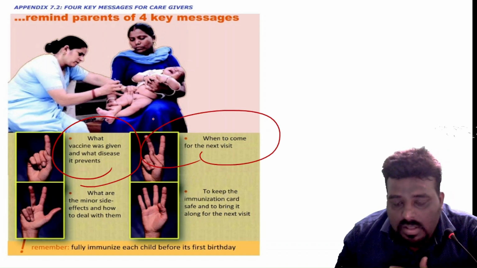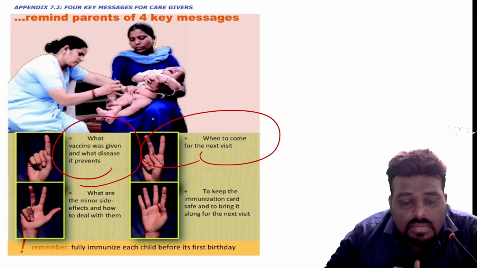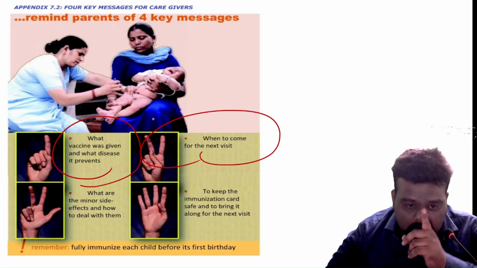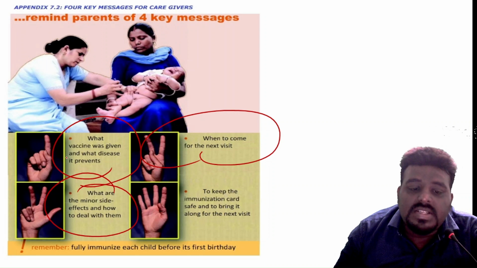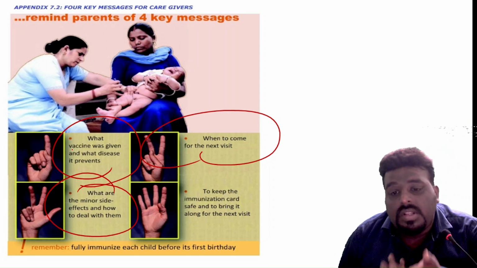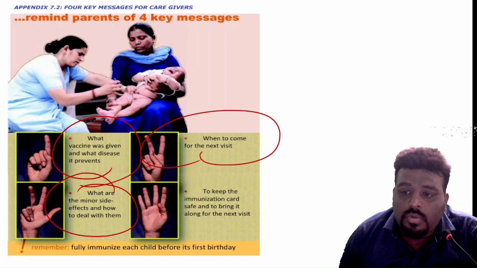The card will be given, but even so, some illiterate mothers don't see and remember this. It should be told orally when they should come for the next visit, and what the minor side effects can be, because some can cause local reactions or fever, so that the mother does not panic and report again to the PHCs.